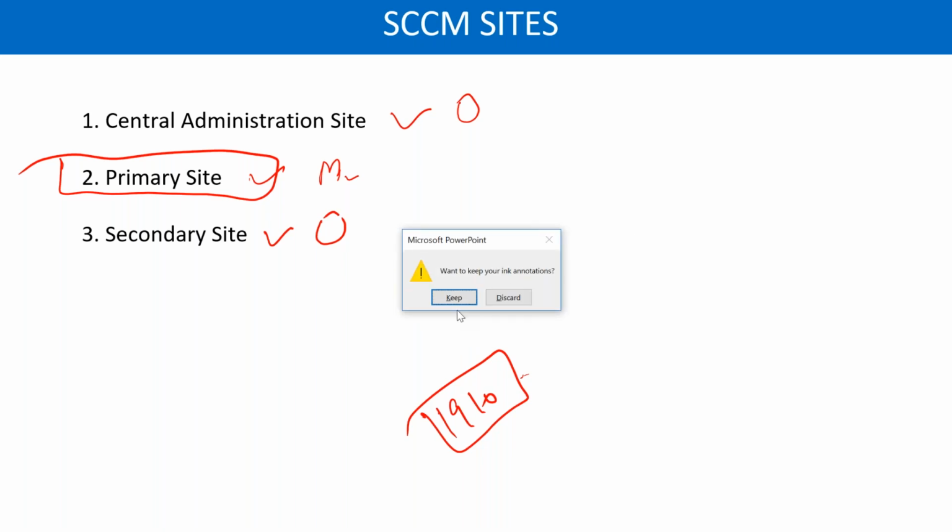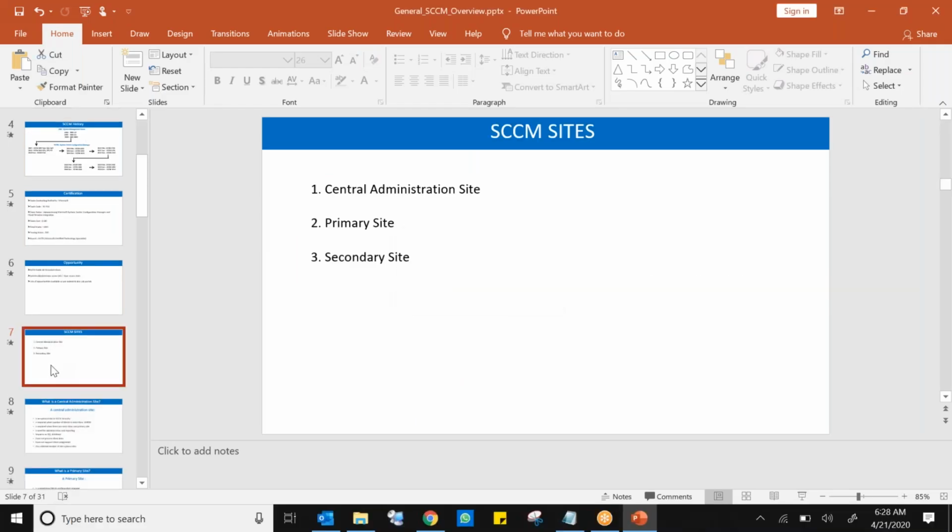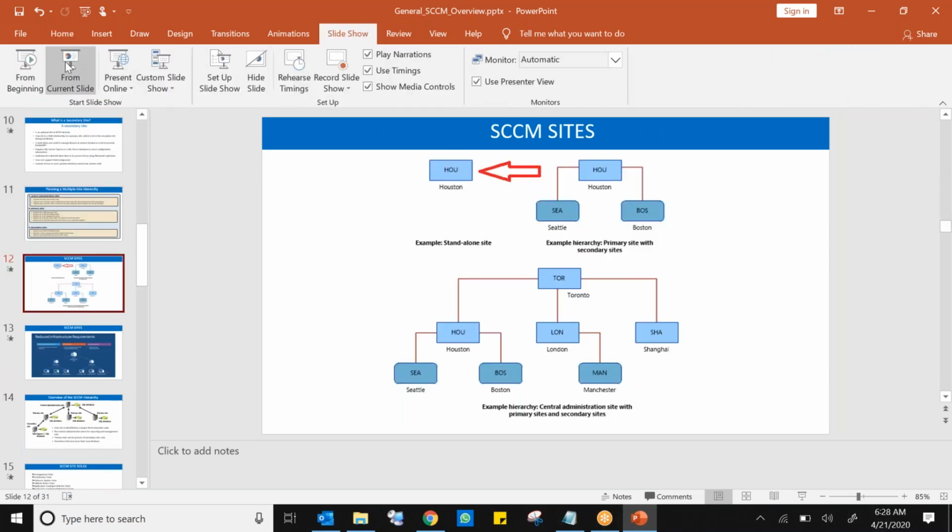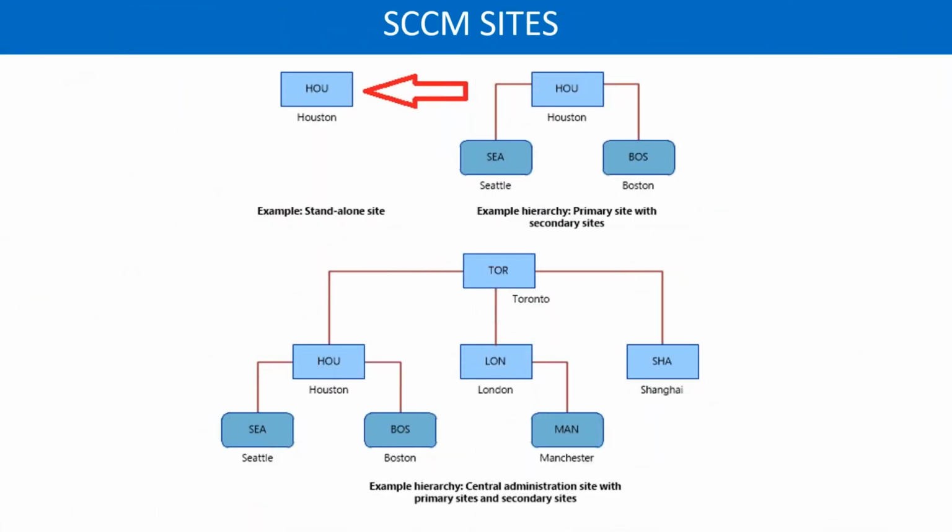Let me take you to the next slide. Yeah, this one. Now in this slide there are three pictures. The first one is for a small size company, the second one is for medium size companies, and the third one is for big size companies.